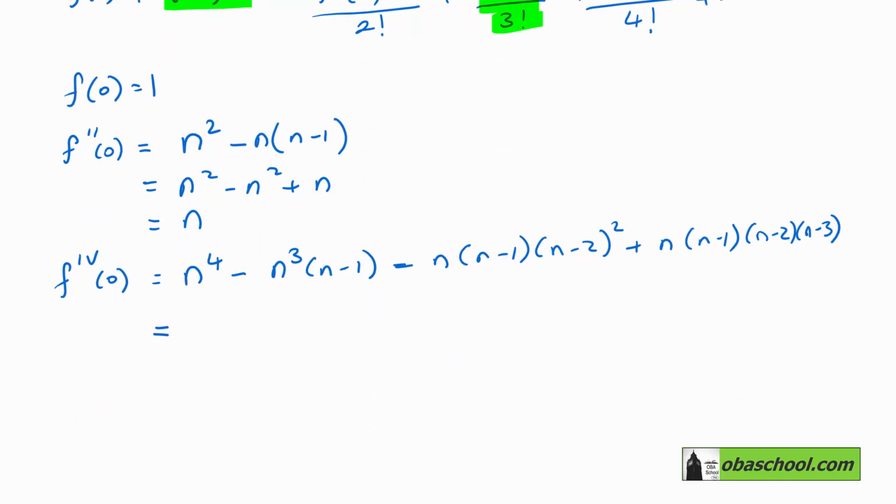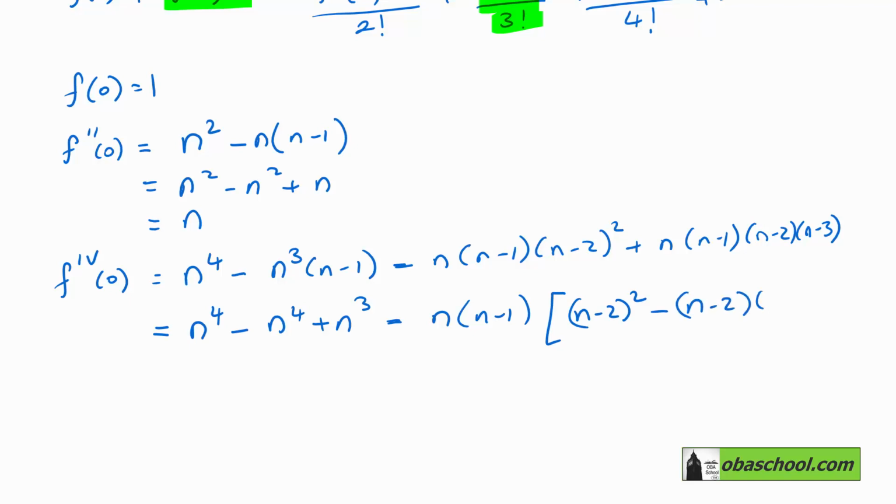So we have n to the 4, take away n to the 4 plus n cubed. And then for these two terms here, we have a common n minus 1. And then we'll have an n minus 2 squared, take away n minus 2, n minus 3.